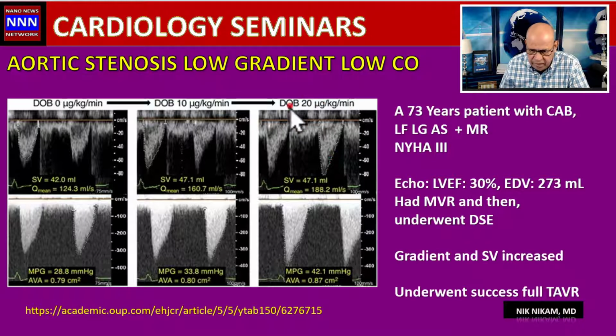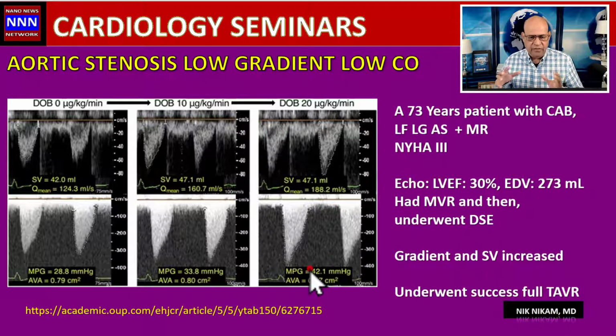But at the 20 micrograms per kg per minute dobutamine stress echo, the gradient went up to 42 millimeters. The aortic valve area was less than 1 centimeter, and this is a case of a true aortic stenosis. This patient underwent successful TAVR, and at 6 months follow-up was doing well.